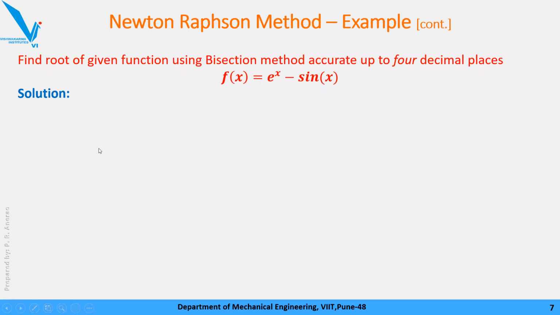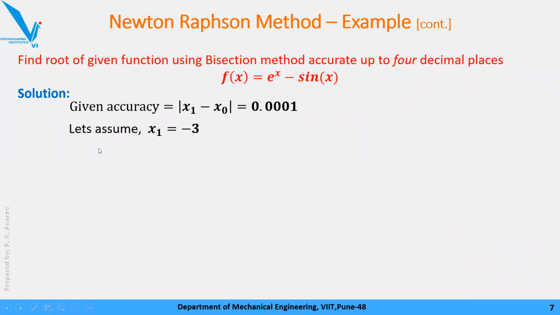Okay, so you have taken a guess x1 equal to -3, and the given data says that the accuracy error should be less than 0.0001. So we have taken some assumption x1 before starting the iteration. Let me highlight this point: before starting your iteration, please check for convergence.